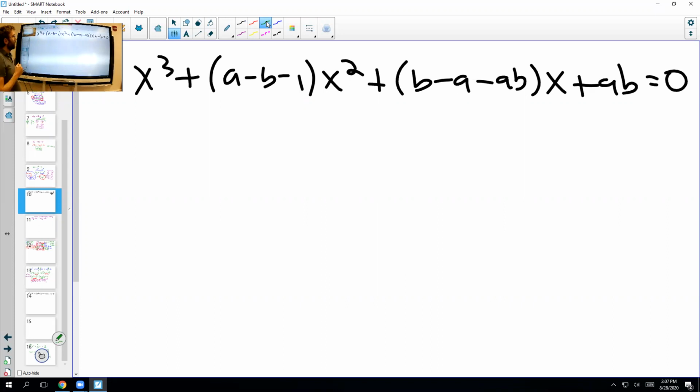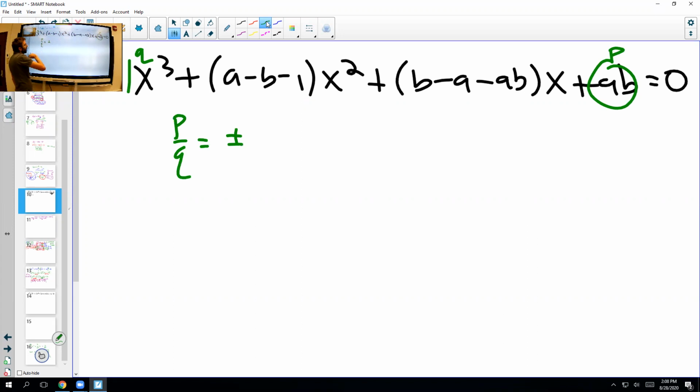So the first step in PQ factoring is to look at this: I've got a 1 here, that's where my Q comes from, and here's where my P comes from. I want to look at the possibilities for P over Q. Well, Q is just 1, so I don't even have to worry about the Q so much.